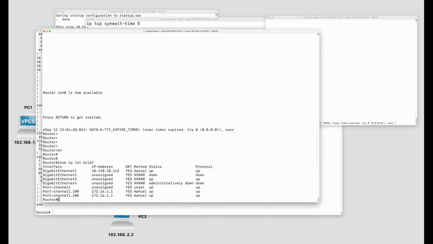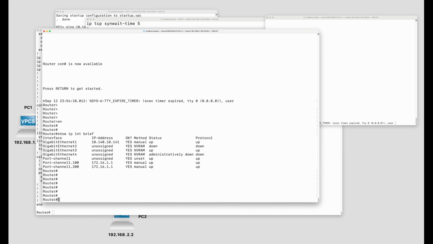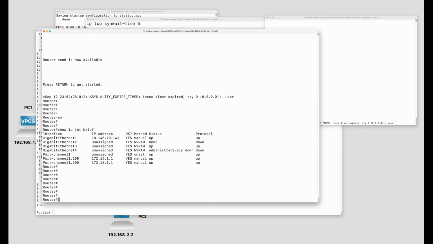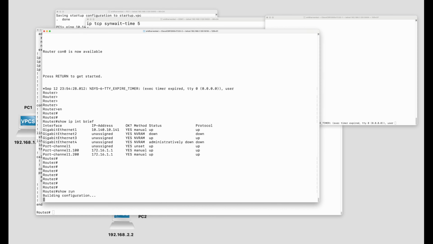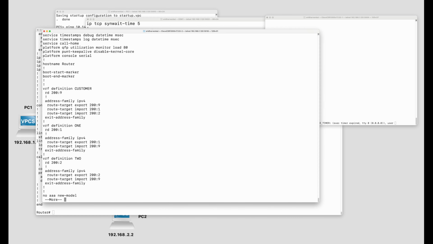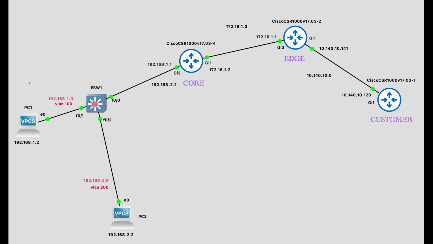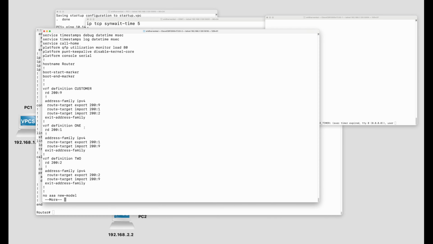So these are the ports, and let us look at the running configuration. So in this router, on the right side towards the customer router, there is a VRF called customer, and on the left side connecting to the core, there are two VRFs, 1 and 2, and they are defined here.